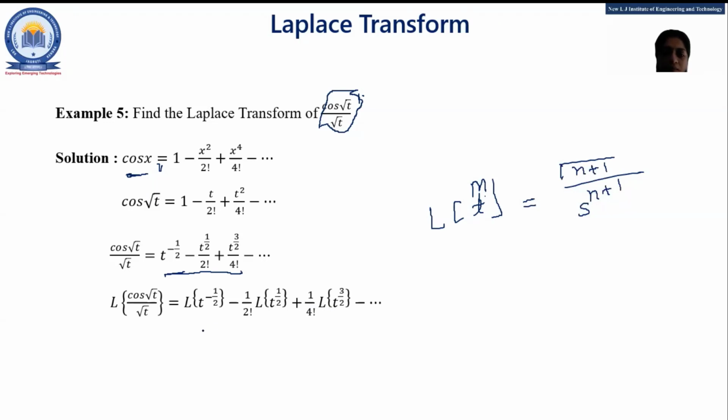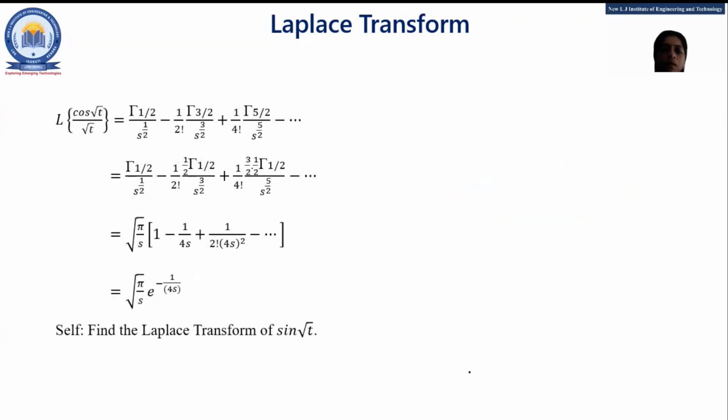So for the first term, what is our n? For the first term, our n is minus 1 half. If I apply this formula, gamma of minus 1 half plus 1 upon s raised to minus 1 half plus 1. Minus 1 half plus 1 gives numerator 1 half, and in the denominator again s raised to 1 half. So by applying Laplace of t raised to n, where n is in fraction form, we get our first term like this.